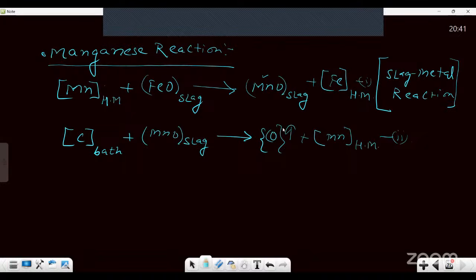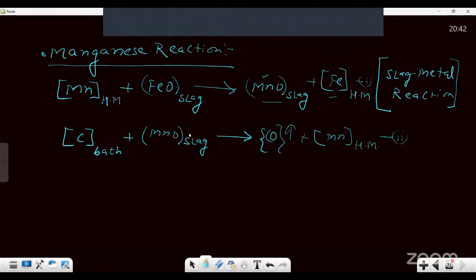Now, manganese is taking up the oxygen from the slag, and in the process it is getting into the slag phase as MnO, and iron is reverting back into the hot metal. This is number one; the reaction is taking place something like this.